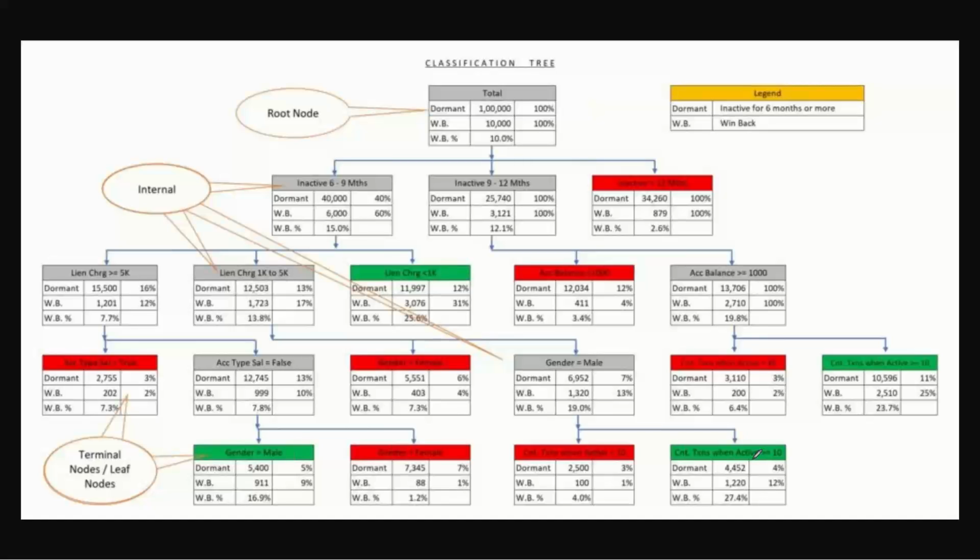What are the rules? Assume I want to target this terminal node. I need to simply traverse back the path. So this is the path of reaching this terminal node.